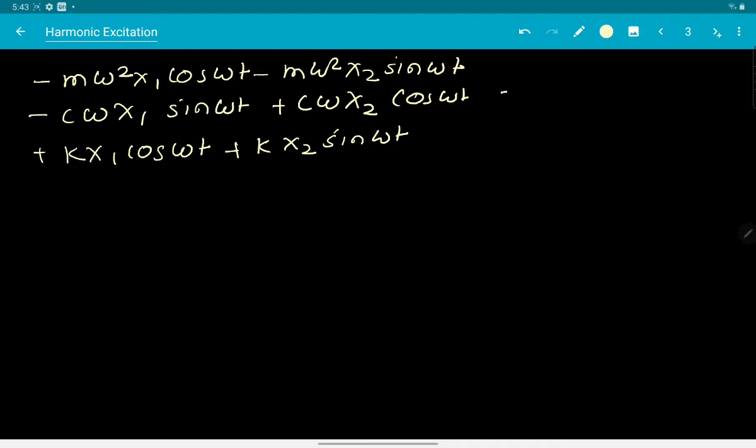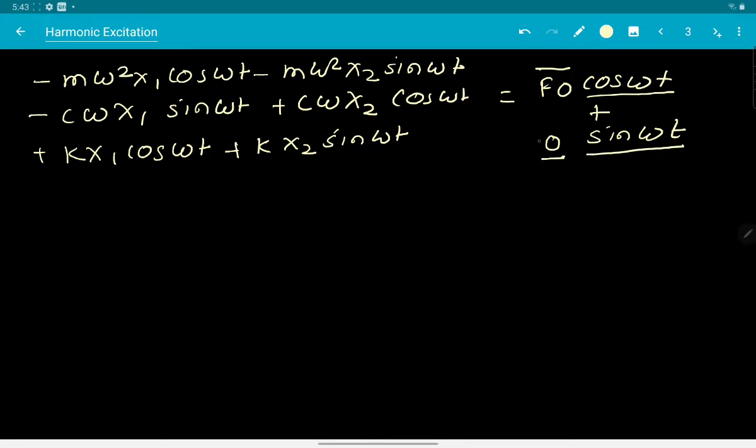This entire expression is equal to f0 cosine omega t plus 0 sine omega t. So the contribution of the cos function is f0 and the contribution of the sine omega t function is 0.